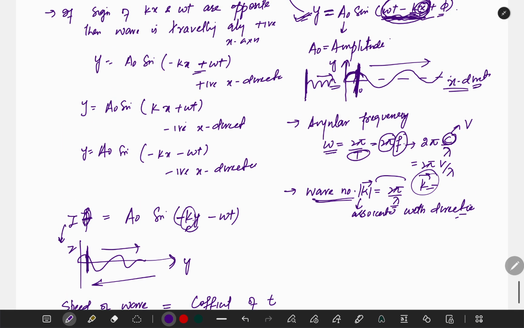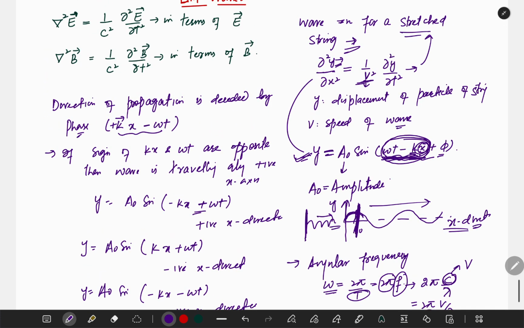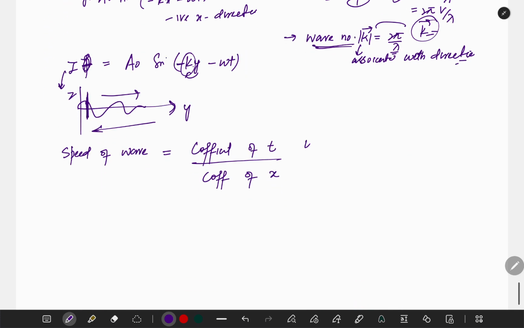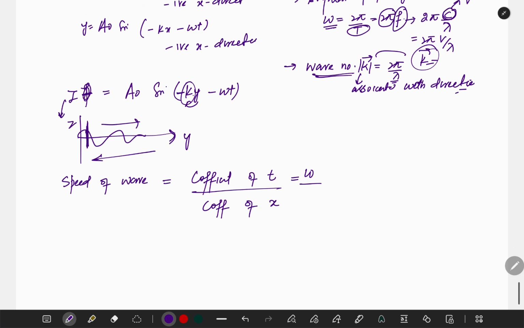The coefficient of t here is omega, and the coefficient of x is k. I'm talking magnitude-wise; the sign tells us the direction in which the wave is traveling.